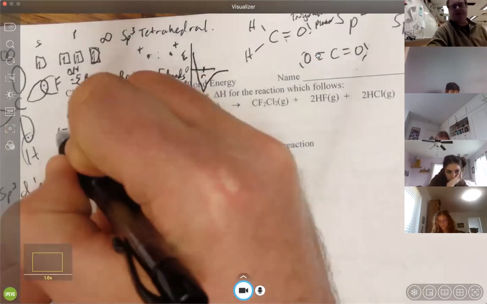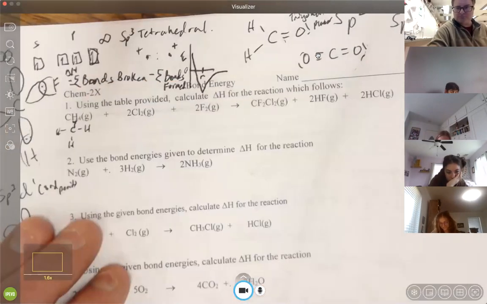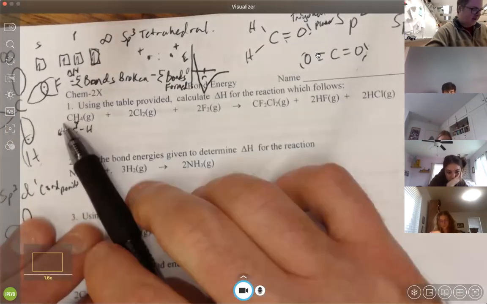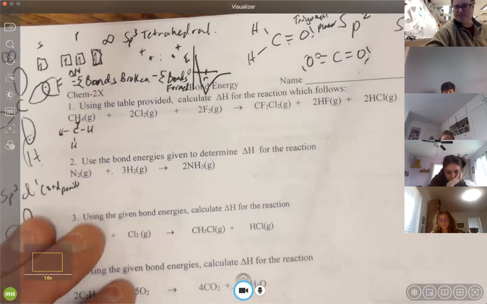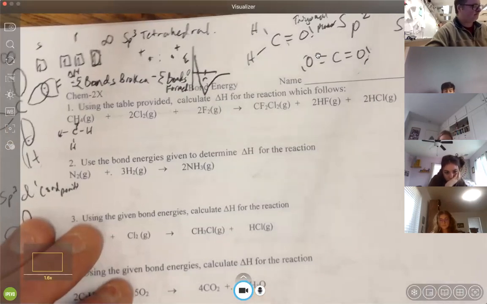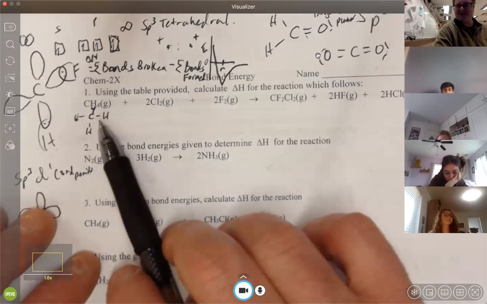How many C-H bonds do I have there? I have 1 mole of CH4. How many C-H bonds do I have there? Easiest question of the day. Okay, let's count them. 4. Yeah, right. Easiest question of the day.